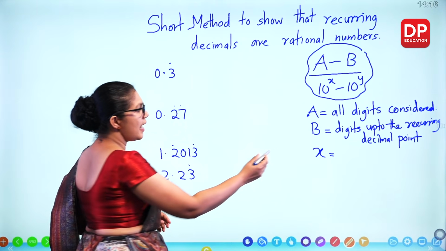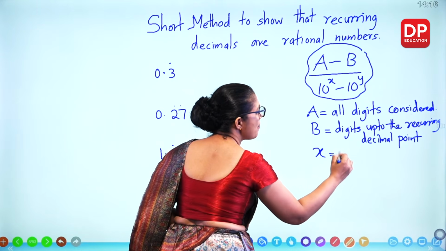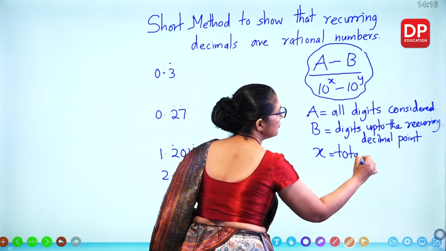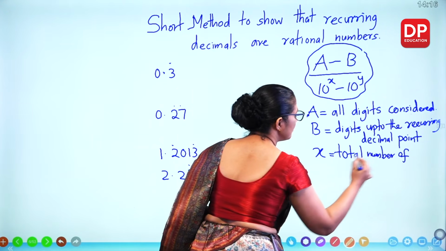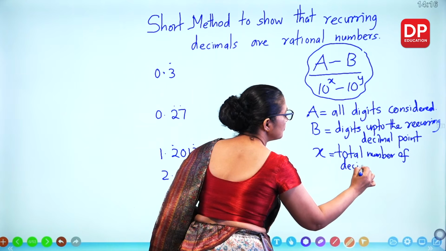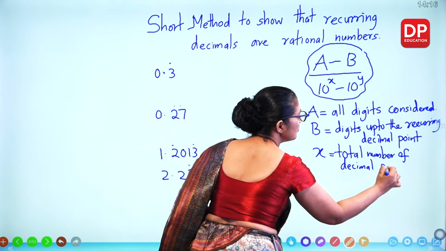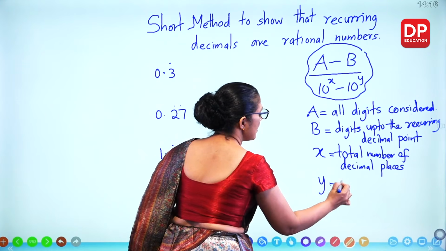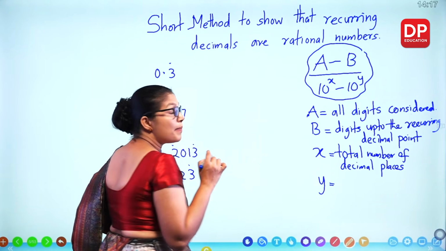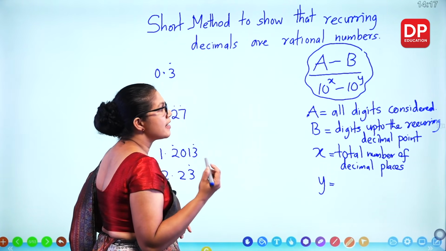X is the total number of decimal places. And what is Y? Decimal places up to the recurring digit.